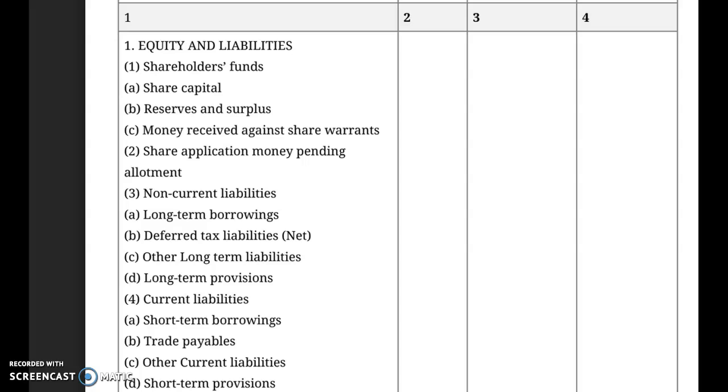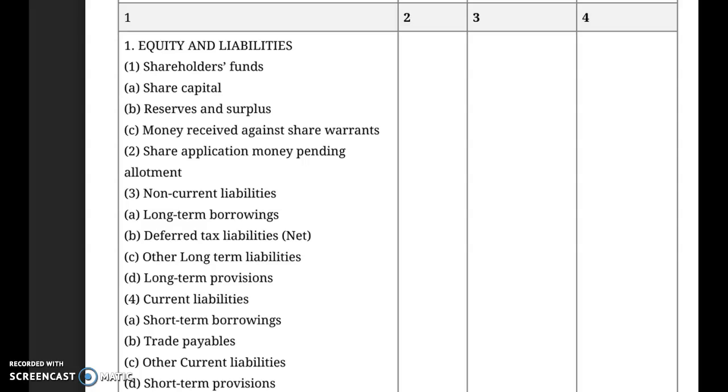You have to write that reserves and surplus will be shown under the heading of equity and liabilities with the subheading shareholders' funds. So you must memorize all the items shown under the different heads and what the subhead for each could be.